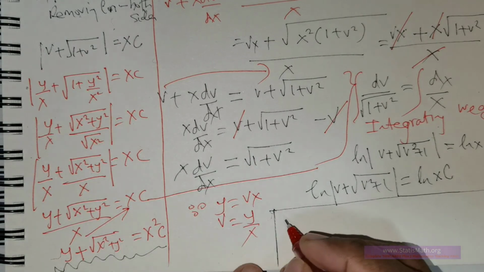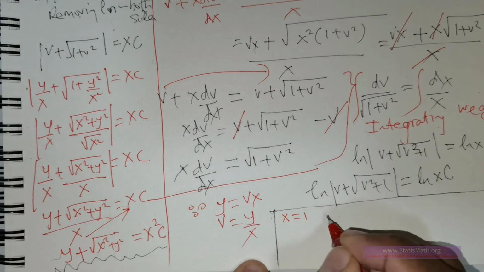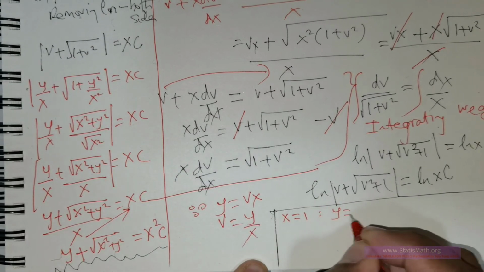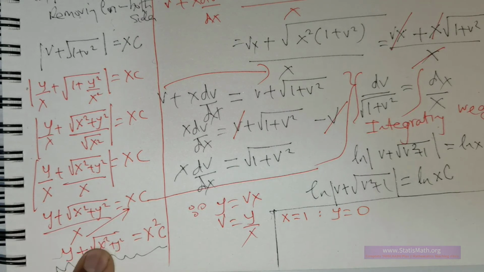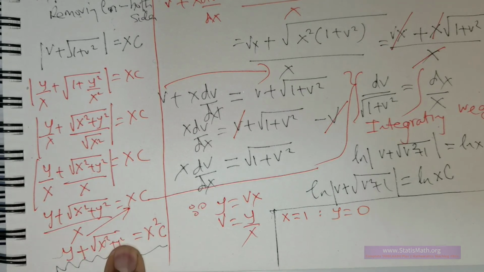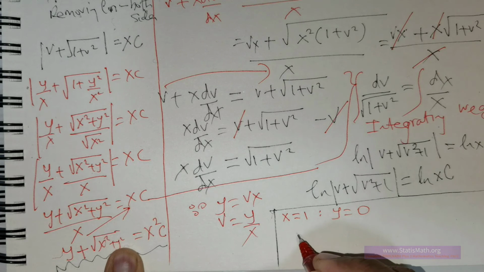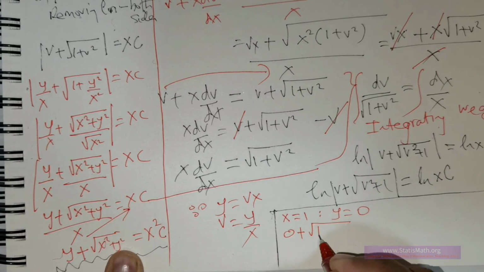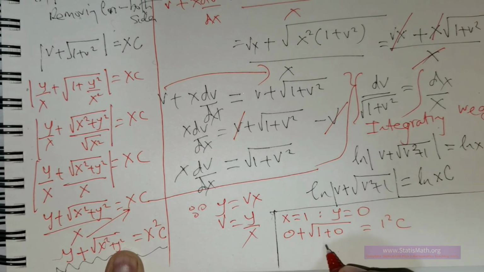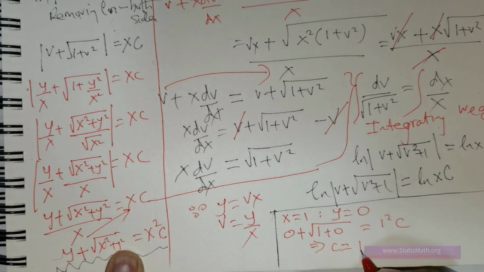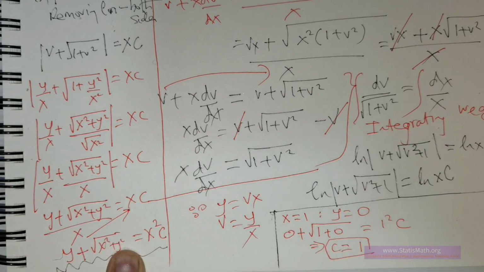When x = 1, y is given to be 0. So y is 0, x is 1. Clearly you will have 0 + √(1 + 0) = 1² times c, which implies the value of c is 1.